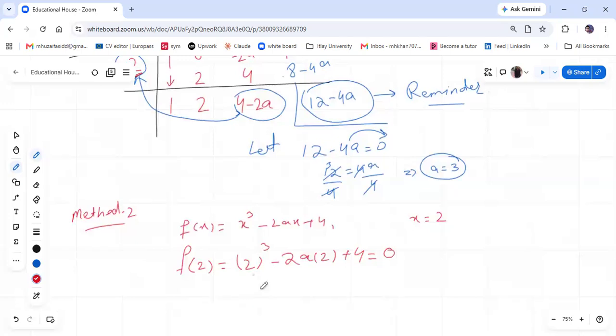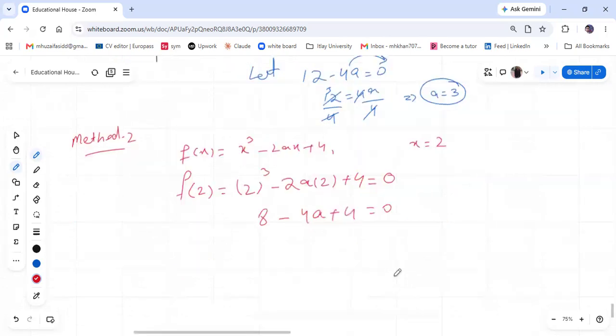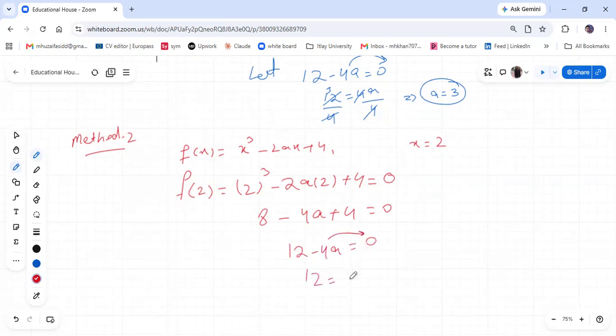And this is 2 power 3, which is 8, minus 4a, plus 4 is equal to 0. So look at it here. 8 plus 4 is equal to 12 minus 4a is equal to 0. So 12 is equal to 4a when minus 4a moves to the other side.